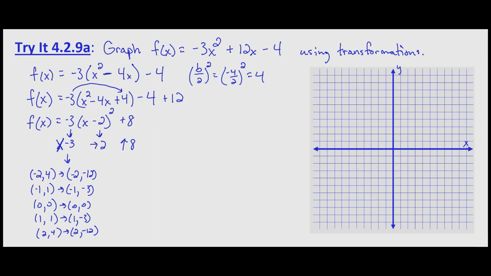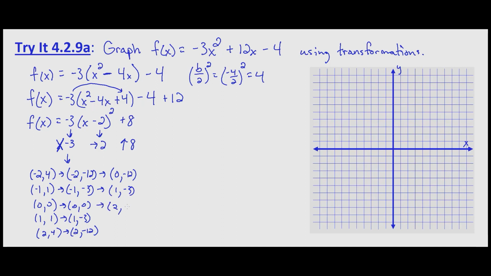And now we'll apply the next part of the transformation. That's the horizontal shift 2 units to the right. So negative 2 plus 2 is going to be 0, negative 12. Negative 1 plus 2 is going to be 1, negative 3. 0, 0.